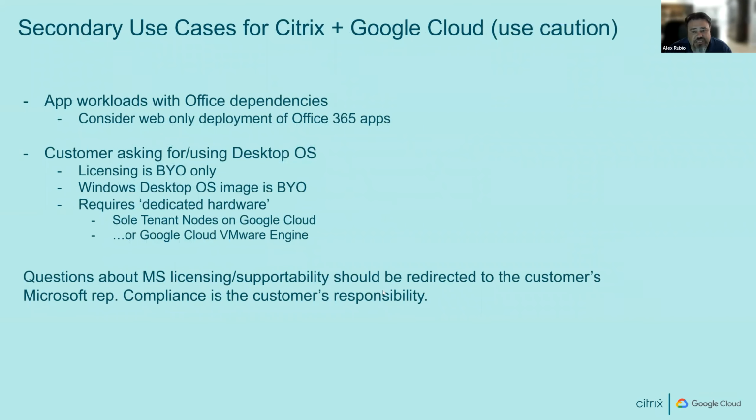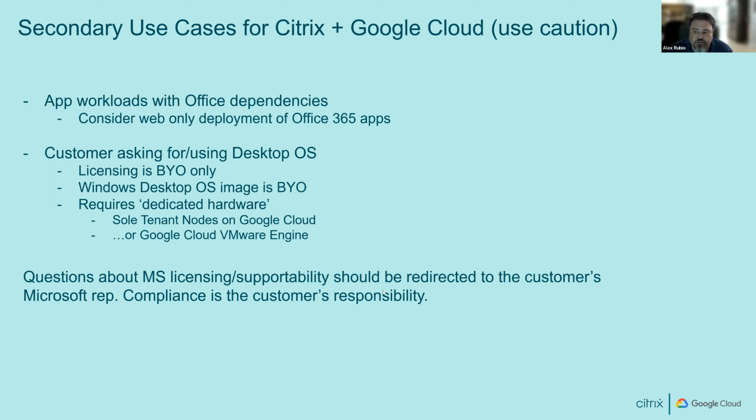Some other use cases: if you are looking at Office and require Office 365, we suggest considering web-only deployments. There are some Microsoft licensing limitations for Google Cloud, but always please consult your Microsoft rep for licensing issues and to get that kind of support from them.